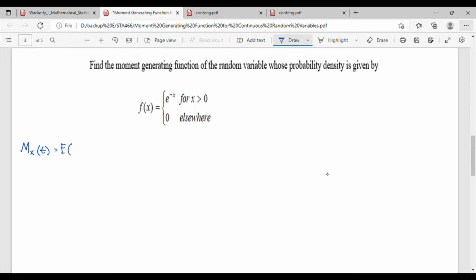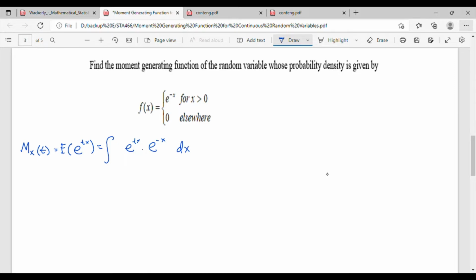Okay, we use the concept expected of e power of tX. Okay, because of our x here, random variable adalah continuous, so we need to deal with the integration of e^(tx) multiply dengan function e power of negative x. Integrate terhadap x.